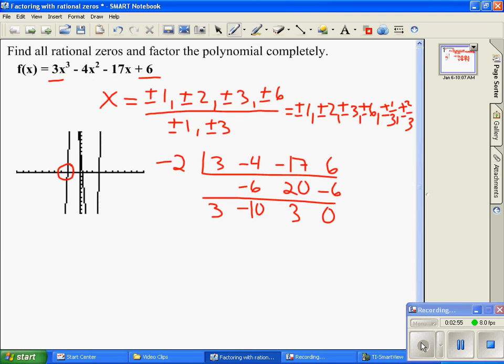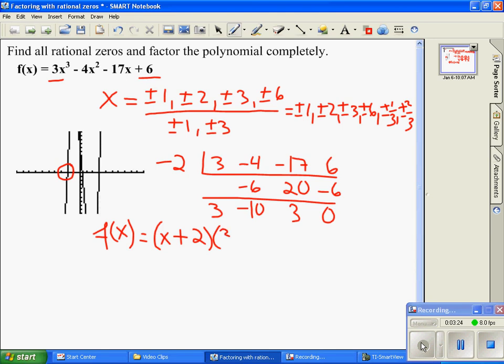So I can take this now and write it in factored form as far as I can. So we have f of x equals, and when you write the factor, remember to write it as the opposite sign, because it's actually minus negative. And the rest of this is what we get from the synthetic division, our coefficients.